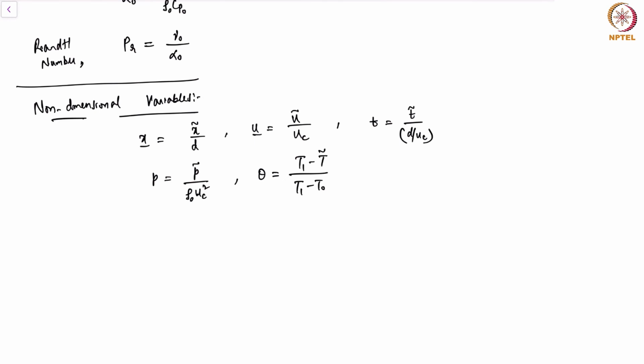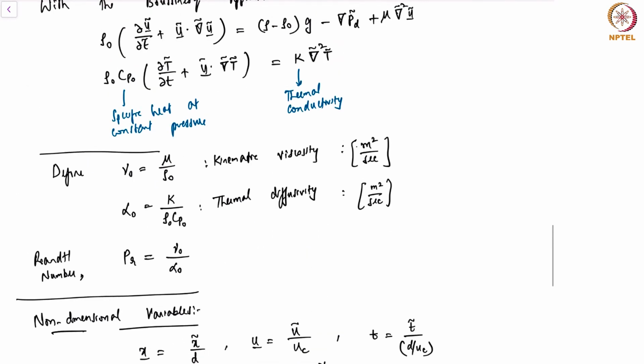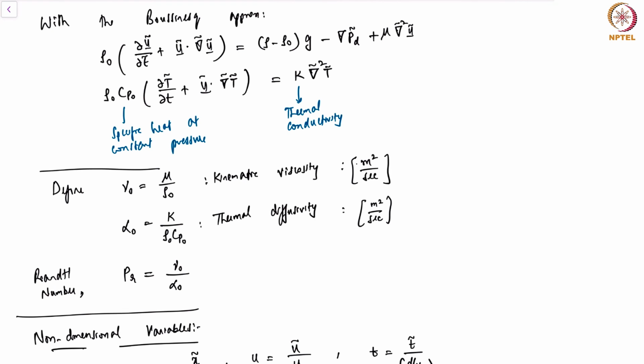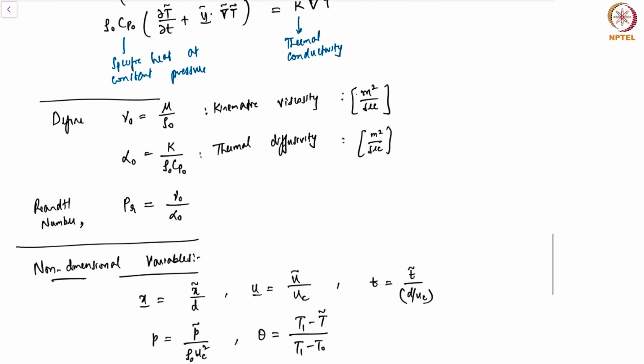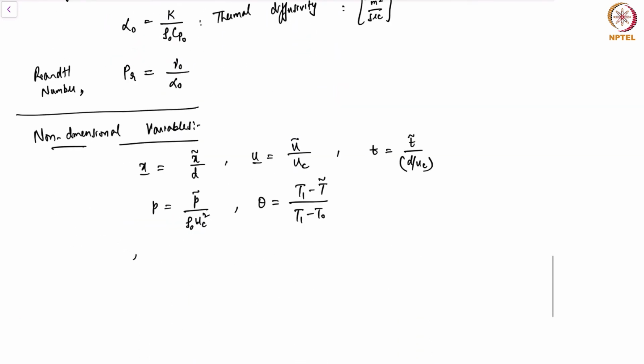Okay. Now, one of the things that I did not mention is that we have the density terms in the momentum equation. We have the temperature equation. What's the connection between the density and the temperature? The density and the temperature will vary like this. The density rho would be rho naught times 1 minus beta times T minus T naught.